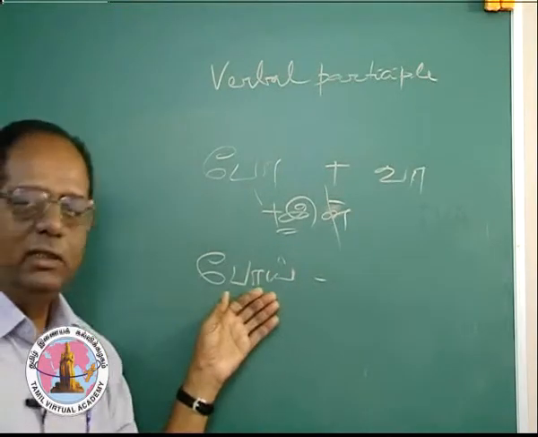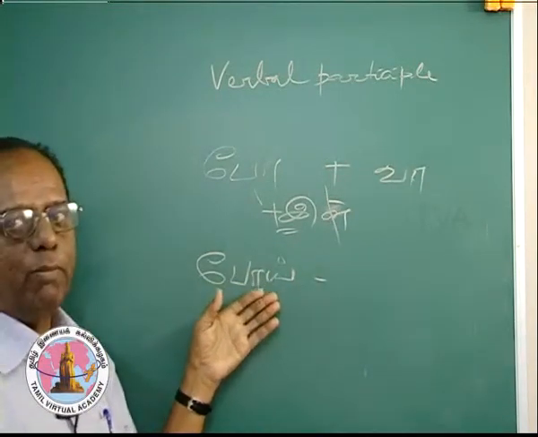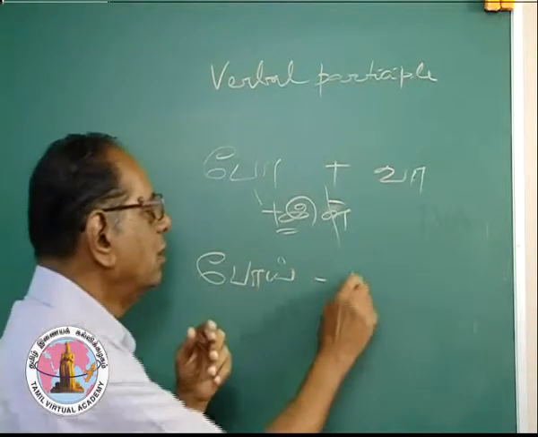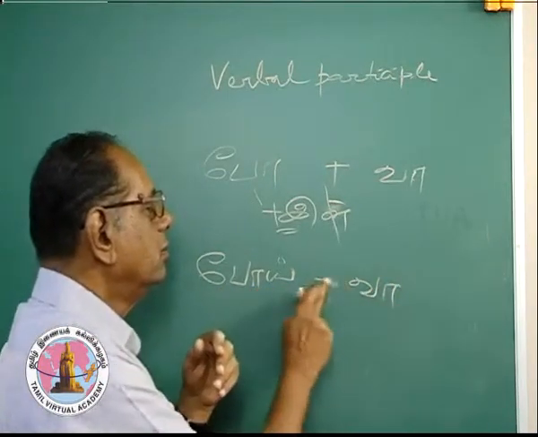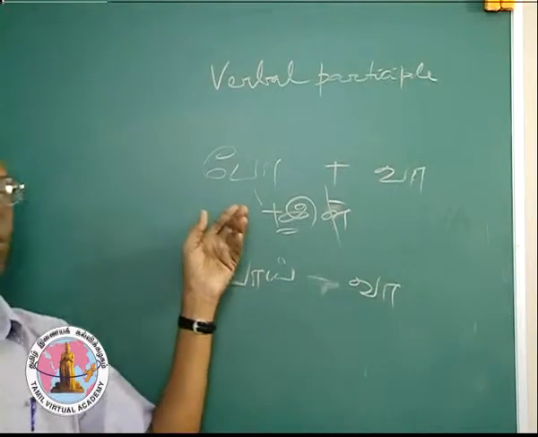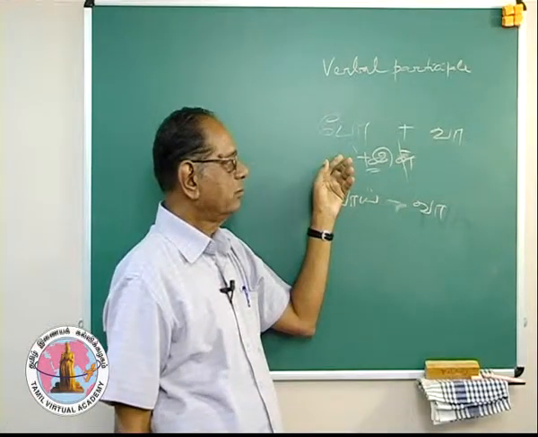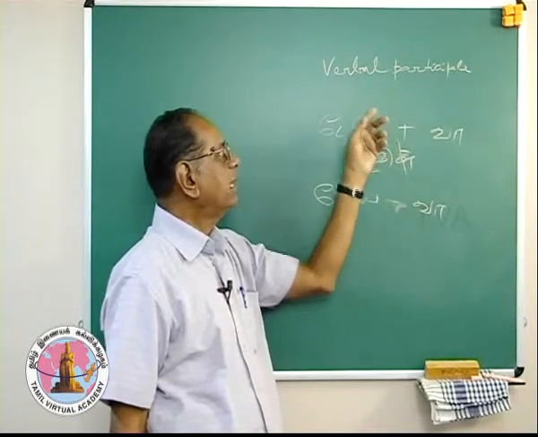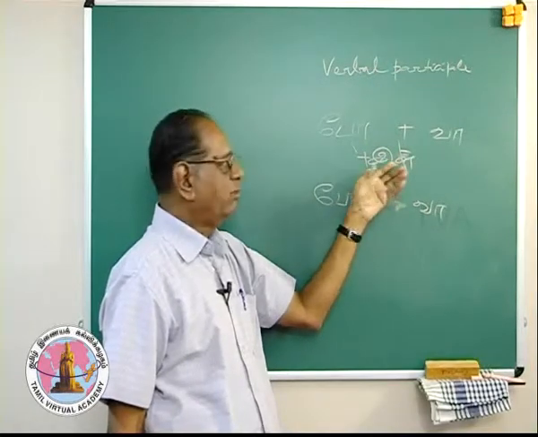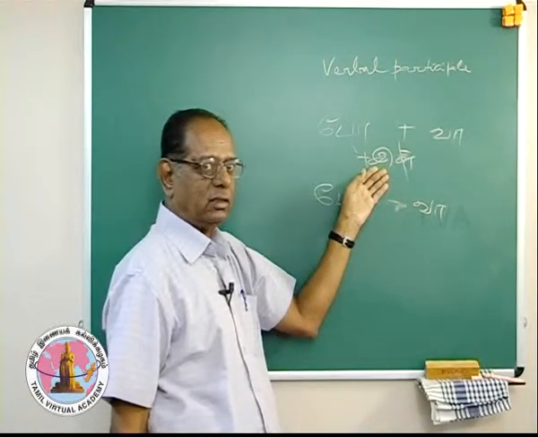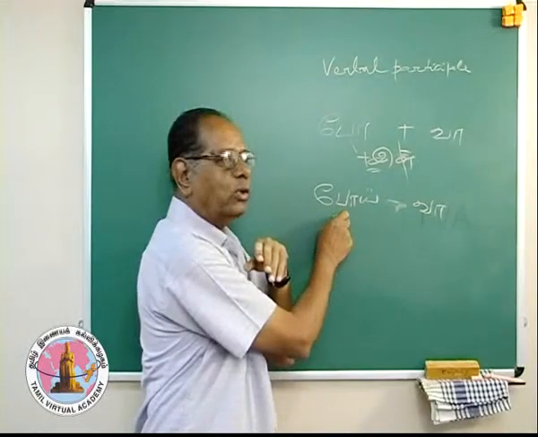Poi will be the participle form. Poi, verbal participle. Po is the action. In is the past tense marker. We bring in some changes and it becomes poi.